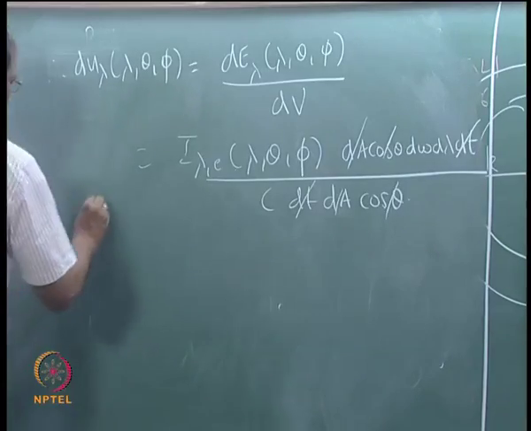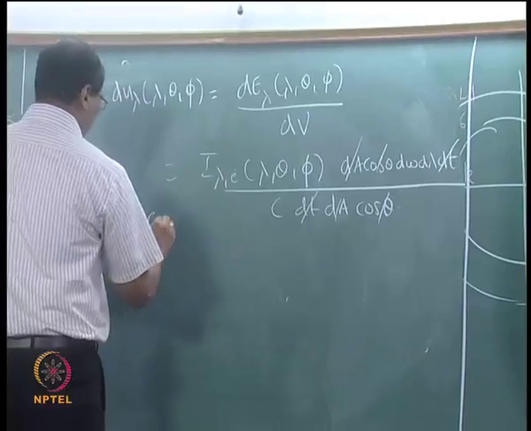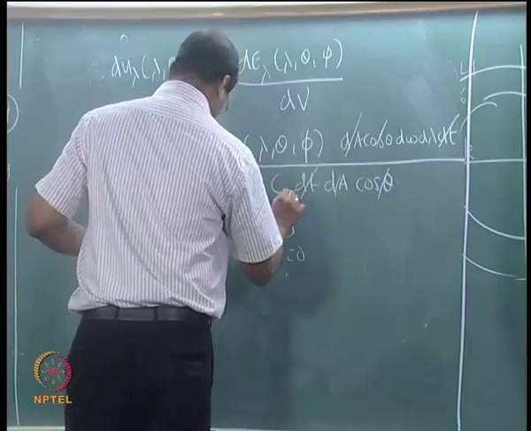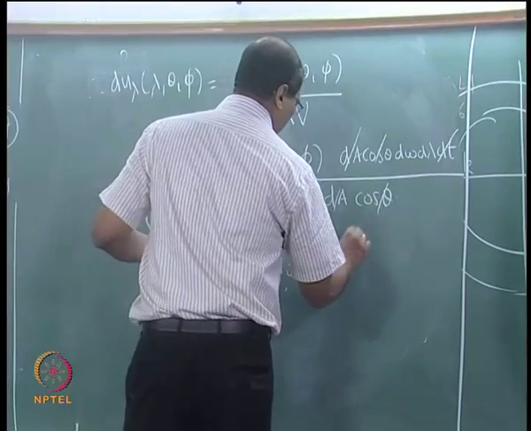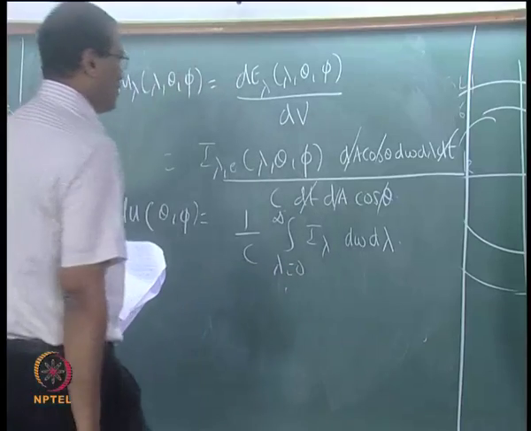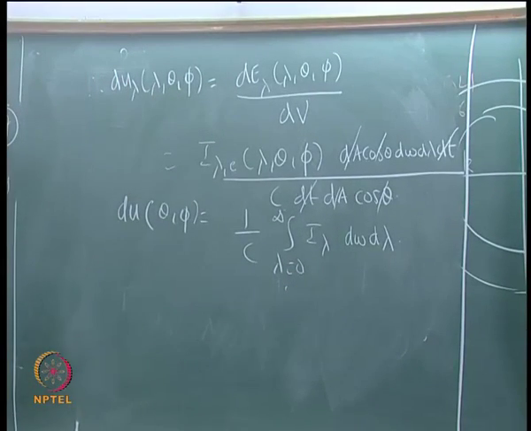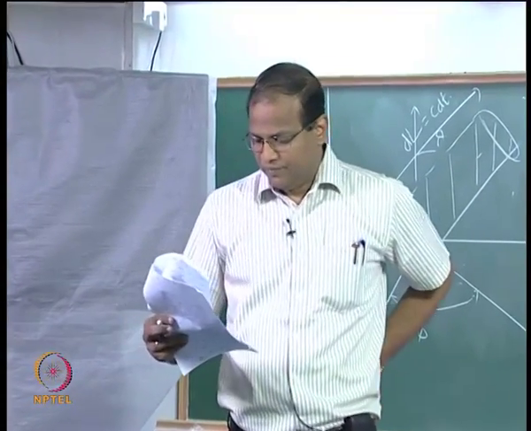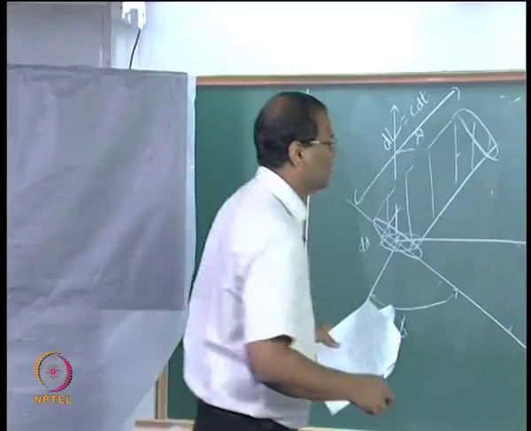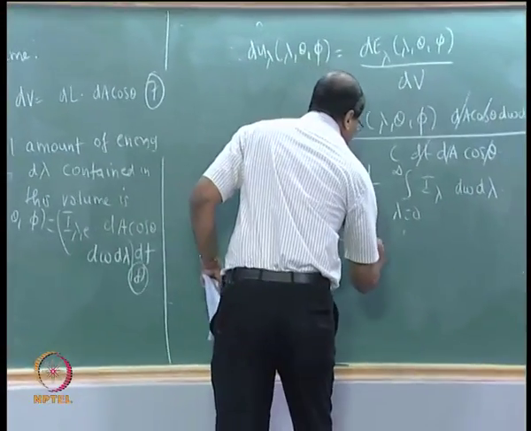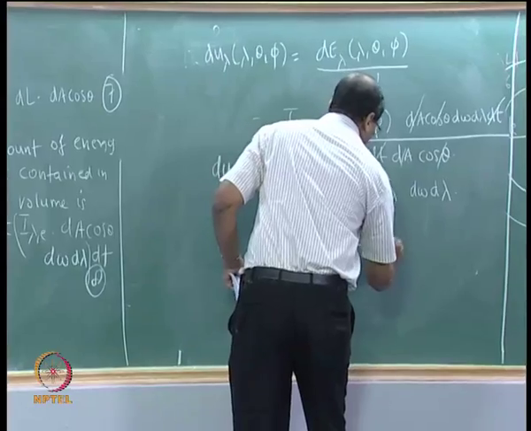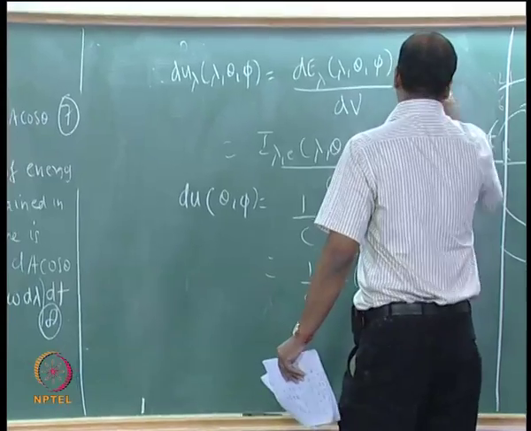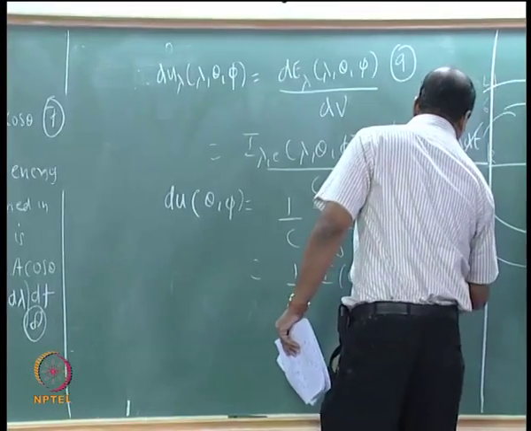So, correct? Alright, so that is basically now 9, 10, 11.